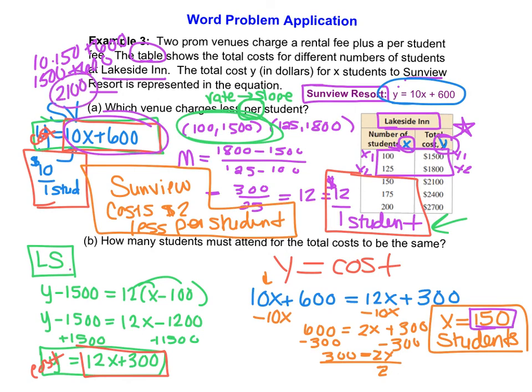And if we come down here to Lakeside and we take 12 times 150 plus 300, so 12 times 150 equals 1,800 plus 300. This one also has a cost of 2,100 at 150 students.